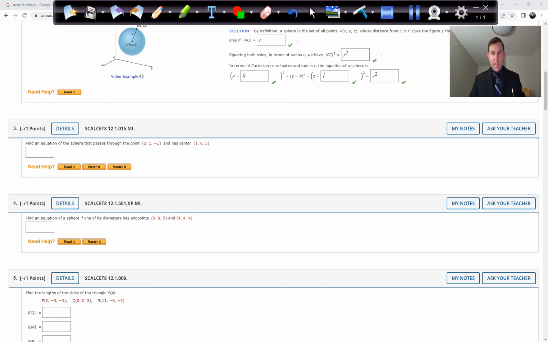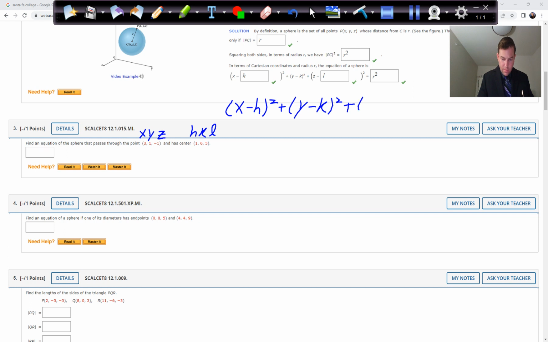Okay, for number 3, they give us a center and a point, and so the point is going to have the values x, y, and z. The center, always we assign h, k, and l, and generally we just saw this, the formula is x minus h squared plus y minus k squared plus z minus l squared equals the radius squared.